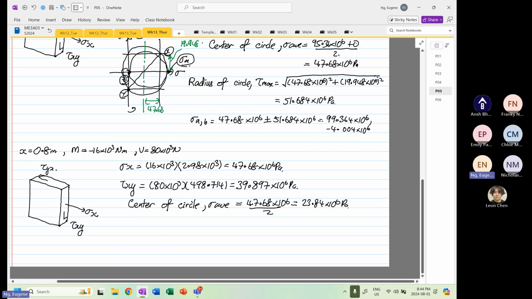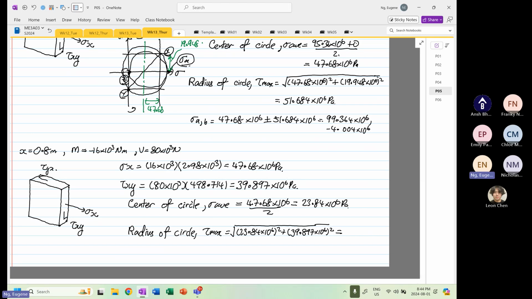And then the radius of the circle, your tau max, will be equal to the square root of 23.84 times 10 to the power 6, squared, plus 39.897 times 10 to the power 6, squared, which is equal to 46.477 megapascal.